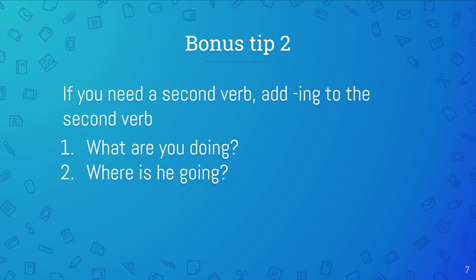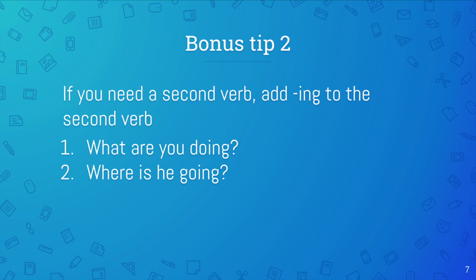If you use a be verb and you do add a second verb, you want to add ing to that second verb. For example, number 1, what are you doing? Number 2, where is he going?